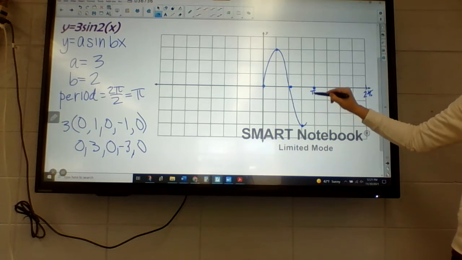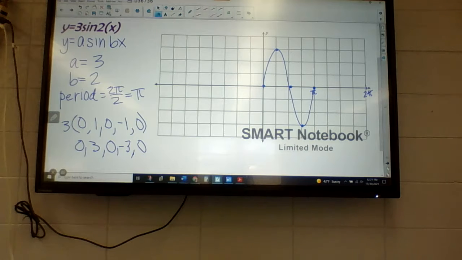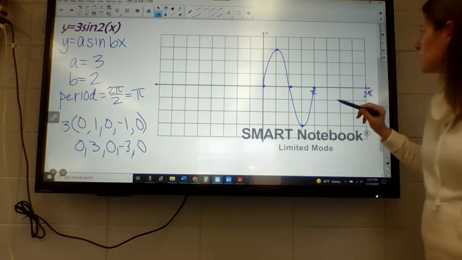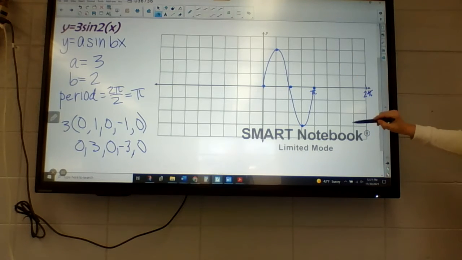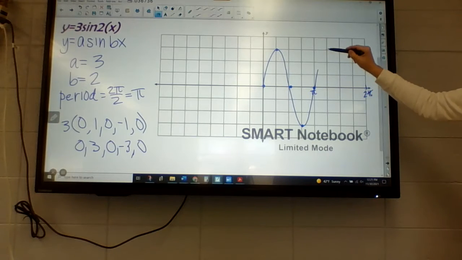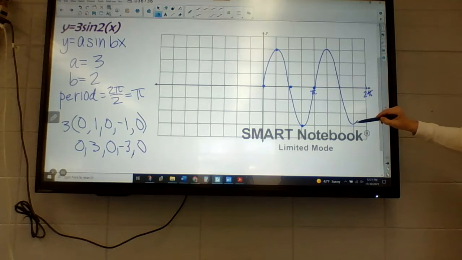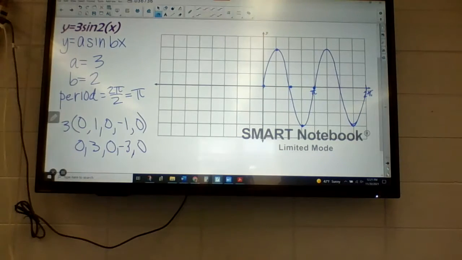And again, try to draw that as a curve as best we can. It shouldn't look like you took a ruler and drew it. And then we can repeat that another time. Okay?